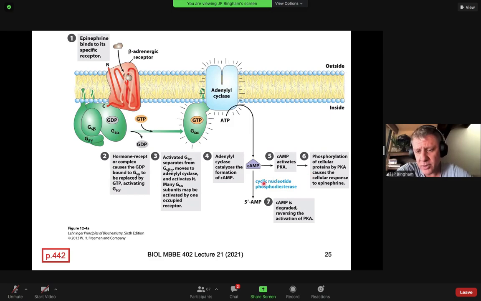We degrade this using a cyclic nucleotide phosphodiesterase. It cuts that phosphodiester bond to produce 5' AMP, which can then be utilized as a degraded component to potentially act as a competitive inhibitor of the cyclic AMP activation of protein kinase A.